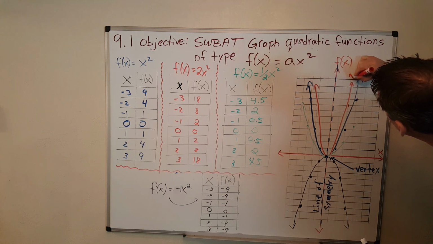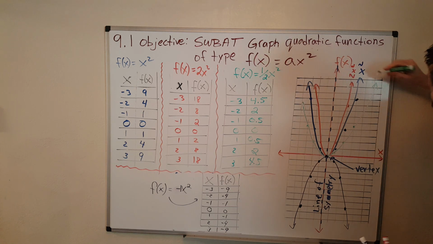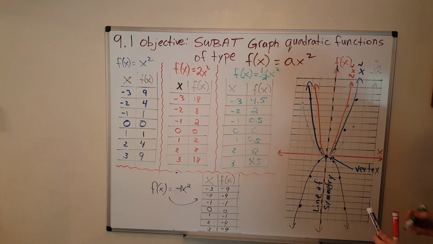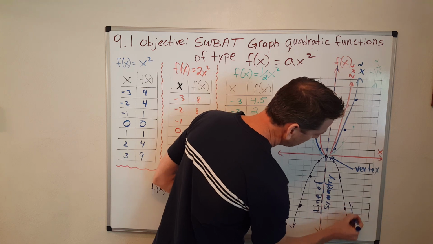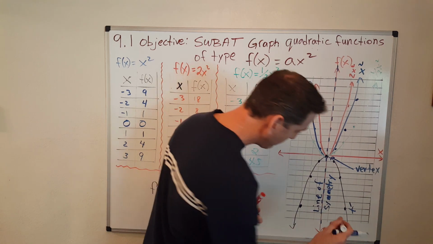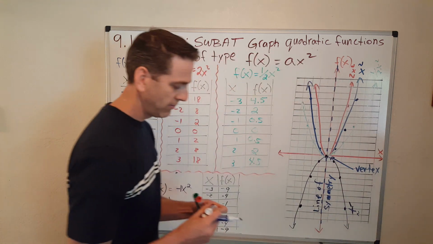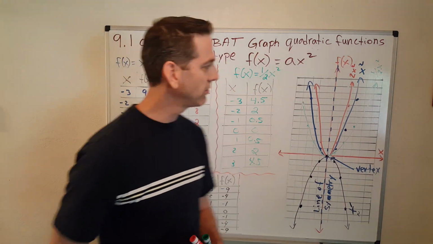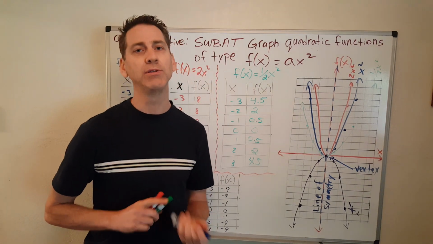This is 2x squared. This is 1/2 x squared. And this guy here is negative x squared. f of x equals -x squared. So now you can see what's happening with my parabolas.